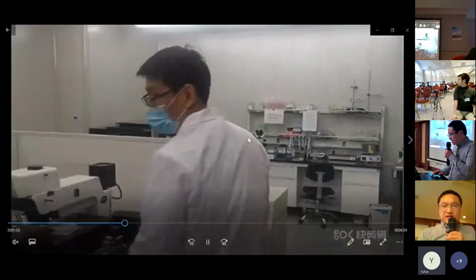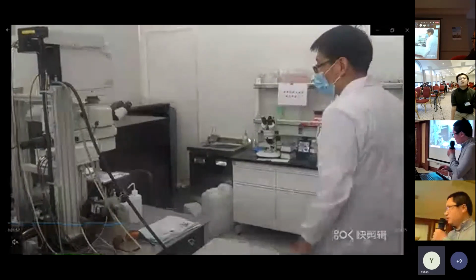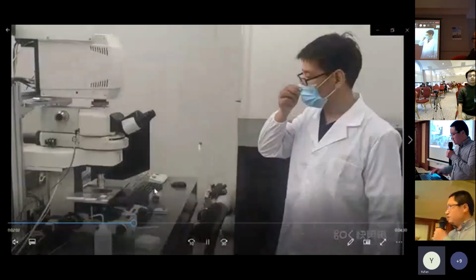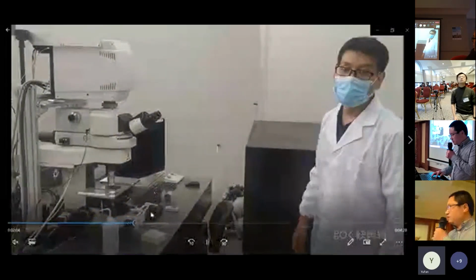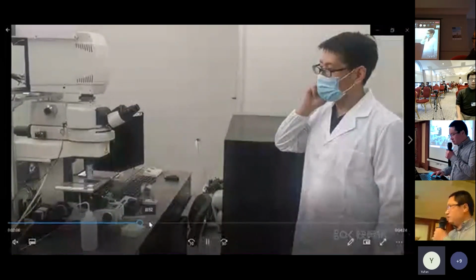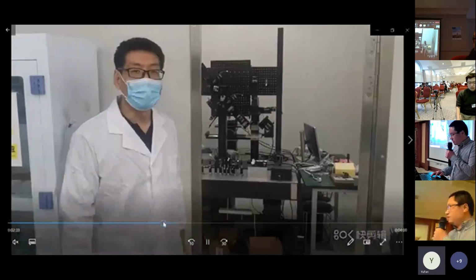And also we have some facilities owned by our own group, like confocal imaging, and a facility with a femtosecond laser, which can do multiphoton microscopy, and also bioimaging.